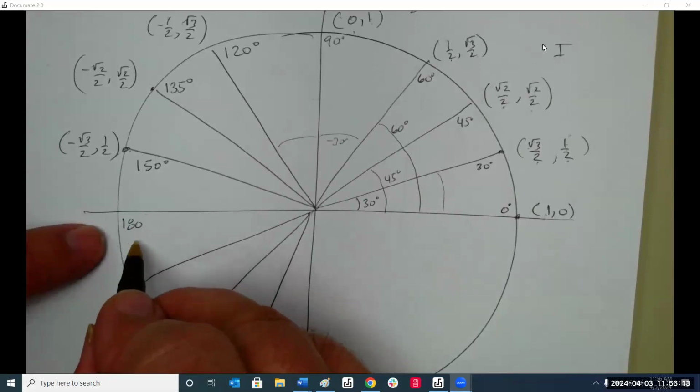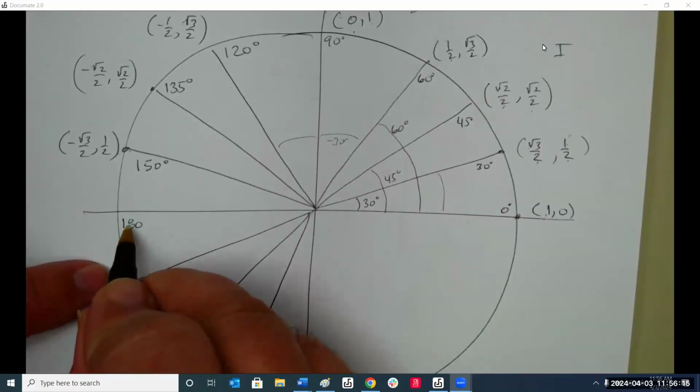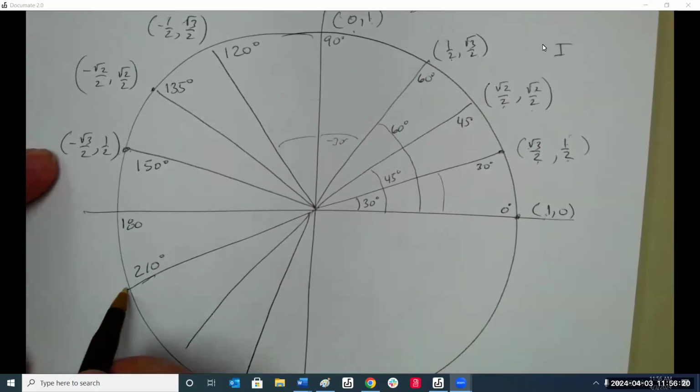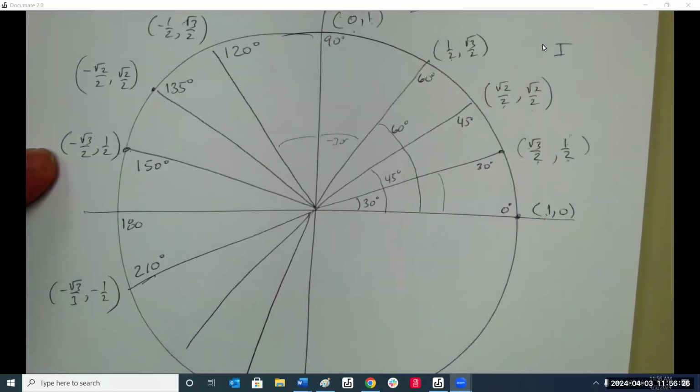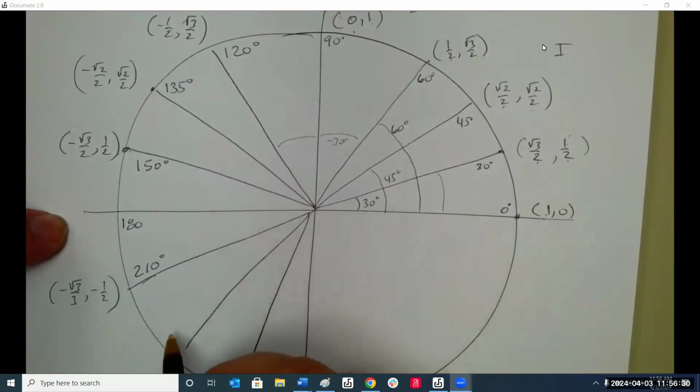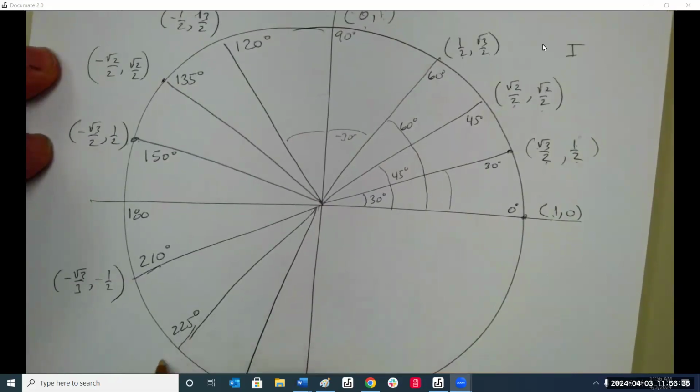30 degrees from 180 is 210 degrees. Here, they're both negative. 180 plus 45 is 225. Again, at the 45, they're both negative.